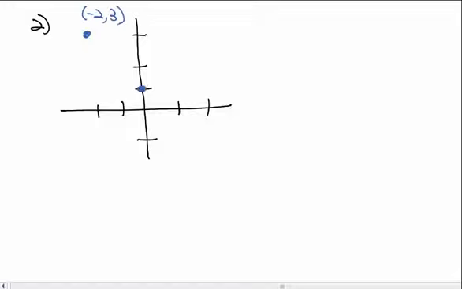We'll do a point on the graph here at 0, 1. And we'll do a point on the graph here at 2, negative 1. And I'm going to connect them with a loop and a loop.